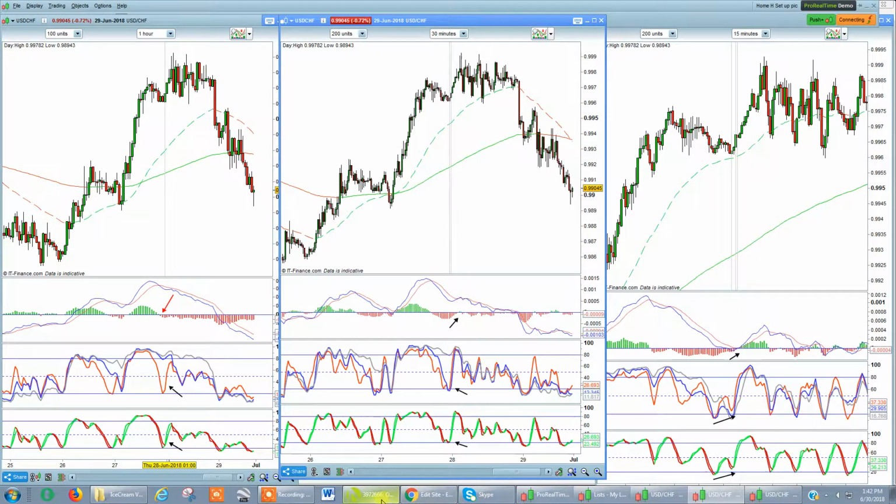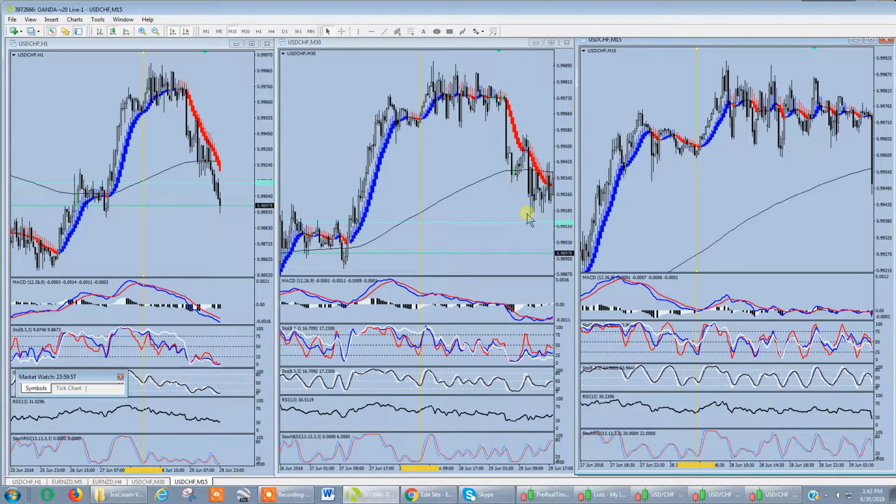So if we go down to, let's see if we have this on my MT4, same charts here. See how these things are different, they didn't look as good on these charts as the other one in here. It's harder to see this divergence here, but it is here. That's why I really like those ProRealTime charts.